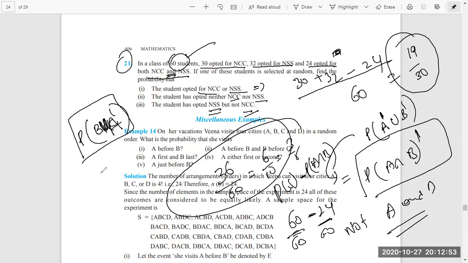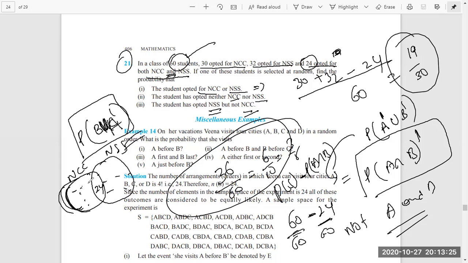I think this should be done with a Venn diagram. Suppose this is NCC and this is NSS. There are a total of 60 students, including the intersection. First you write the intersection part, that is 24. Only NCC part is this one, only NSS part is this one.